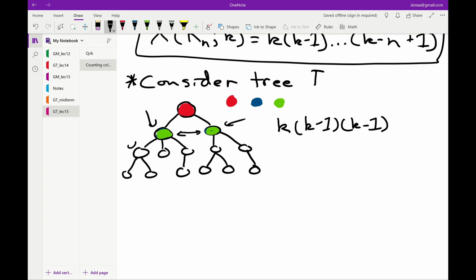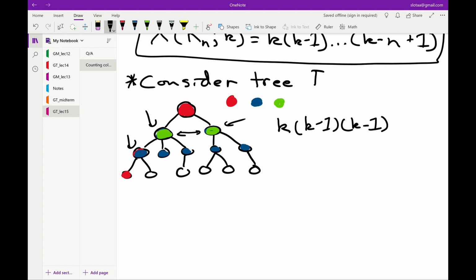And now let's go down to the next level. This vertex, we can color it red, we can't color green, or we could color it blue. So we can color this vertex essentially any color except for the color of its parent. Same argument we can make here, this vertex, and this vertex. So really the only thing we're constrained with, even coming down to these final vertices, is that we can color them with any color except the color of its parent.